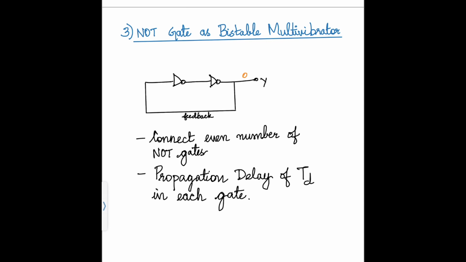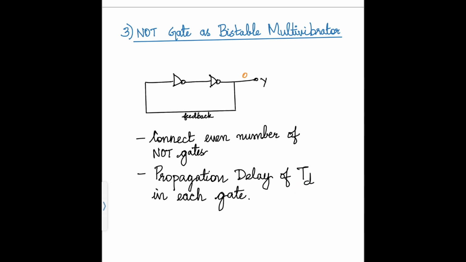Like the last circuit, it has an input and a feedback, but in the ring oscillator, we had an odd number of NOT gates, whereas in the bistable multivibrator, we have an even number of NOT gates. We have 2 NOT gates here, and the propagation delay of each NOT gate is Td.